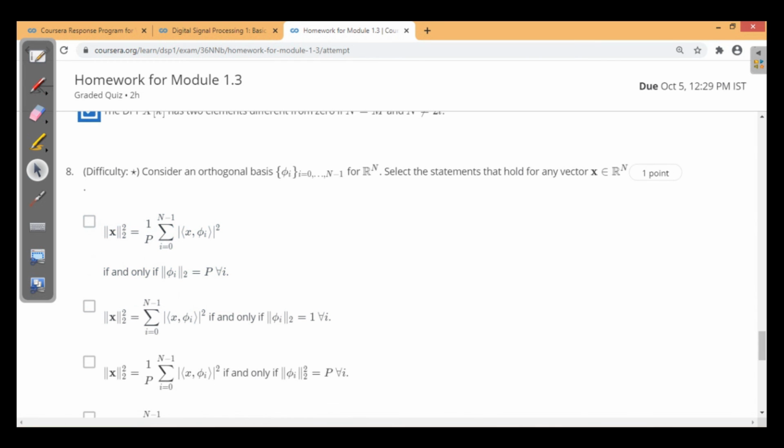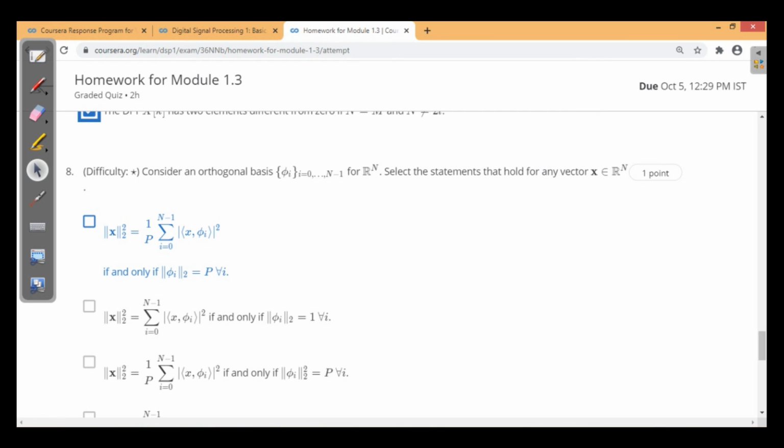Next one. Consider an orthogonal basis psi. Select the statements that hold for any vector x. So the norm square values, that is 1 by p, sum from 0 to N minus 1 of x psi i.